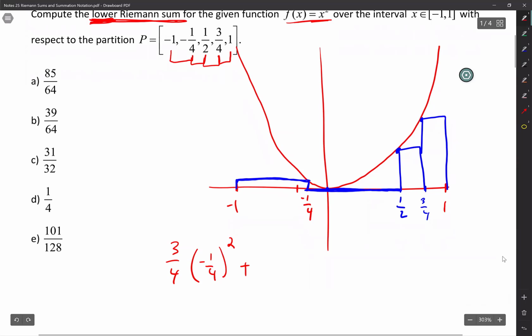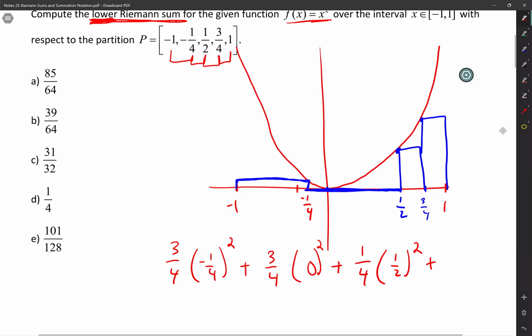Plus the second rectangle, from -1/4 to a half, that is 3/4, and my height is 0 squared, the y value. Plus from 1/2 to 3/4, that is 1/4, and my height is 1/2 squared. Plus from 3/4 to 1, that's another fourth, and my height is 3/4 squared.